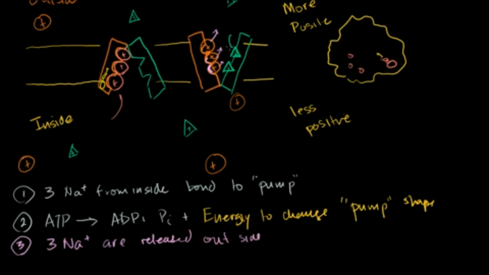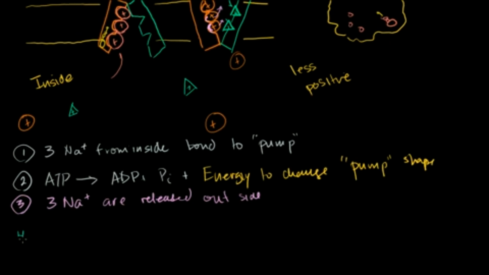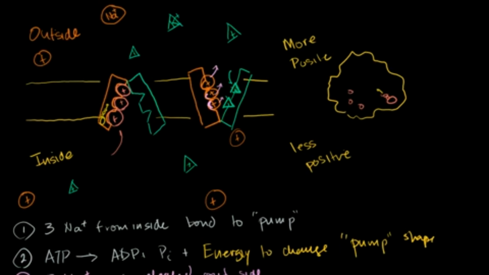So now, step 4, we have 2 potassium ions bond to the activated pump. Activated or changed pump. Or maybe we could say it's in its open form. So they come here, and when they bond there, it changes the shape again.